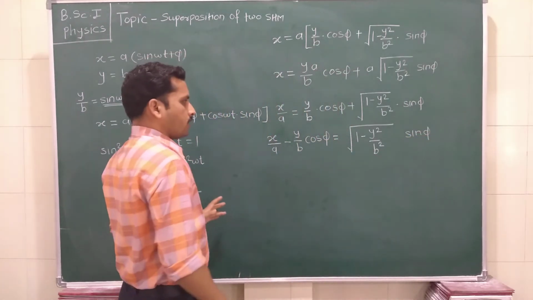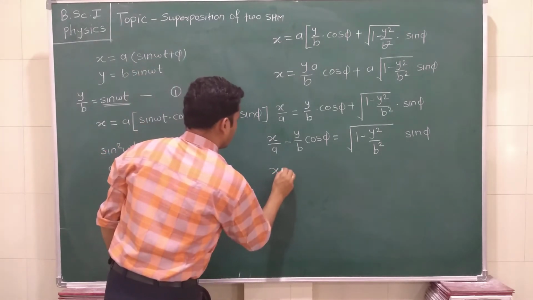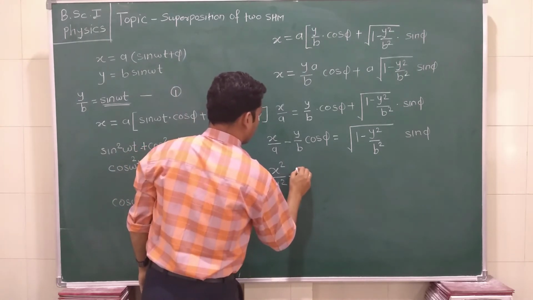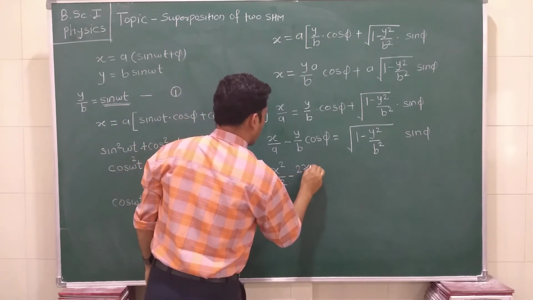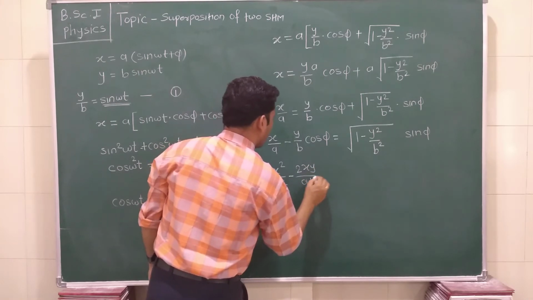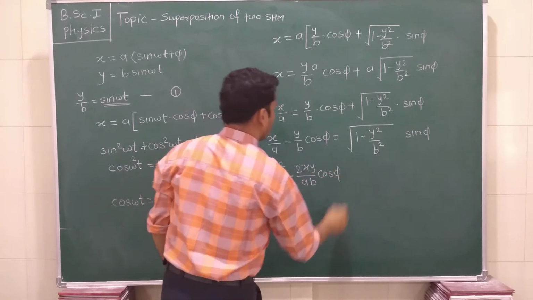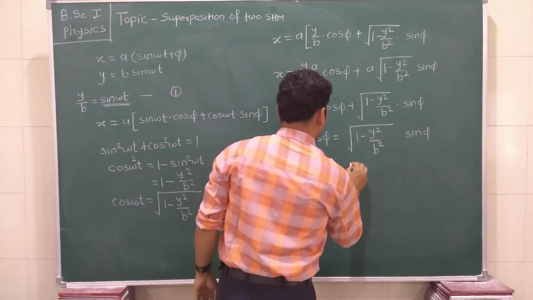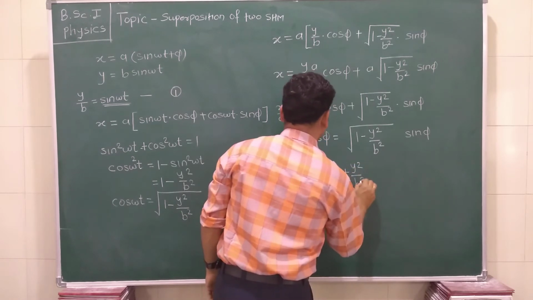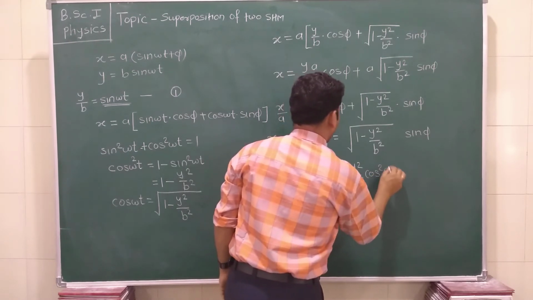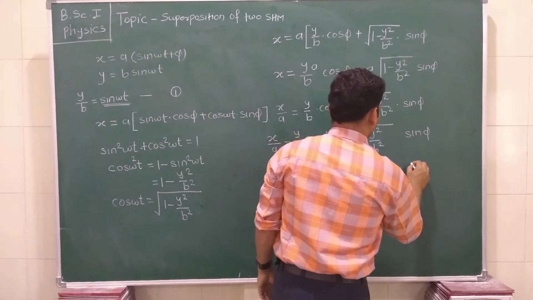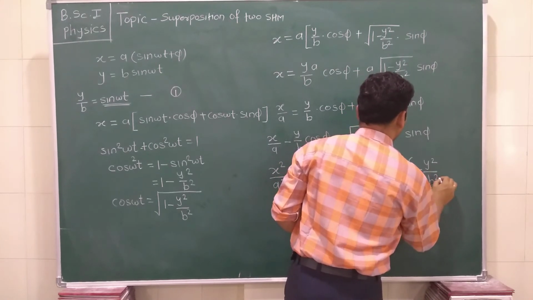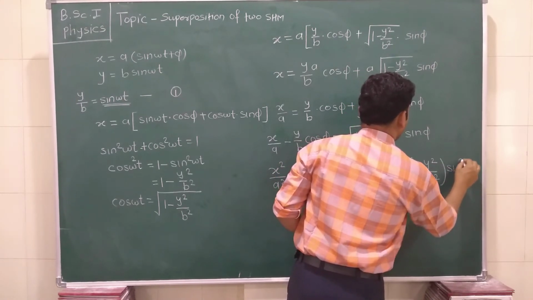Now, squaring both sides, after squaring we get x square upon a square minus twice xy upon ab into cos phi plus y square by b square into cos square phi, which is equal to 1 minus y square upon b square into sin square phi.